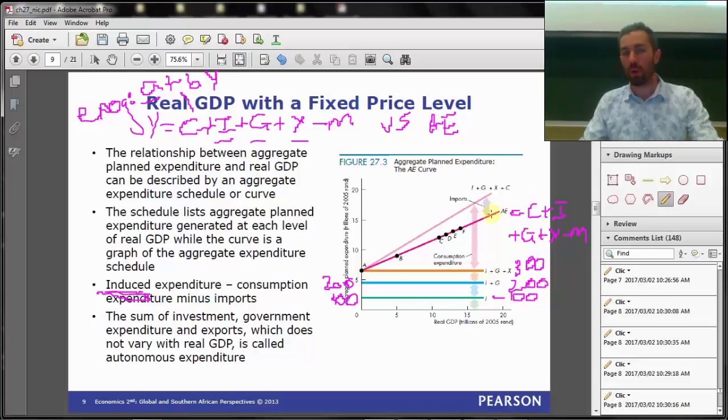What we're assuming on this pink line is that this little variable here, A, is 0, because there's no autonomous consumption expenditure, because our consumption function just starts at exactly the same point as our I plus G plus X function. So A is 0 is what we've assumed.